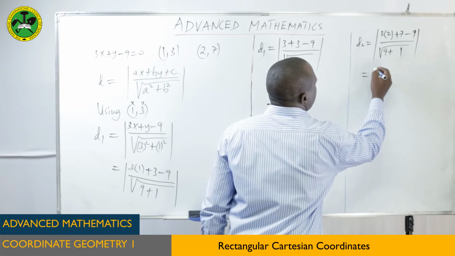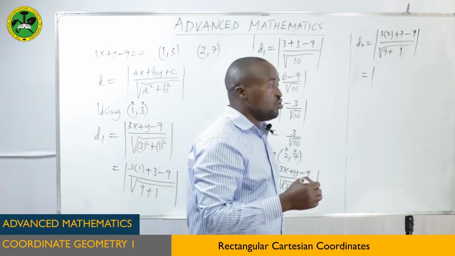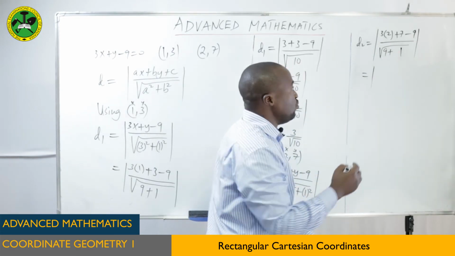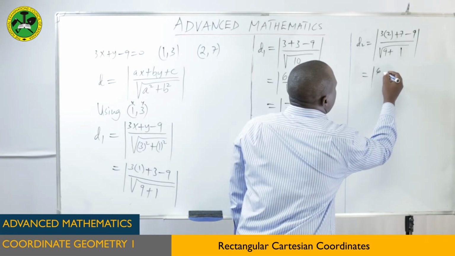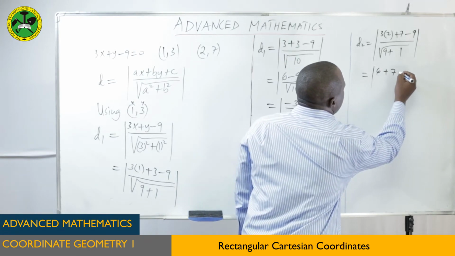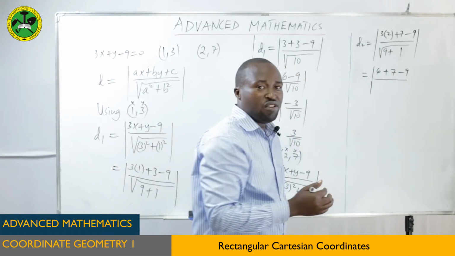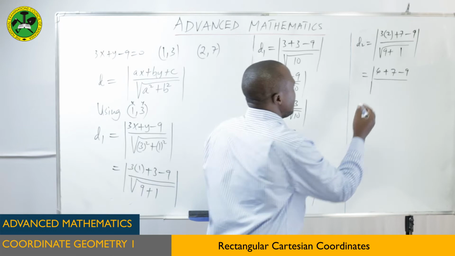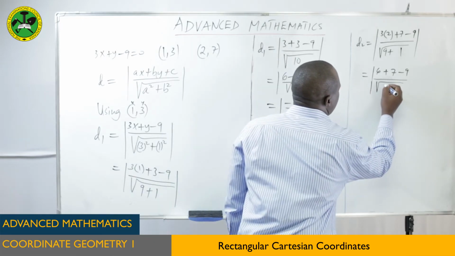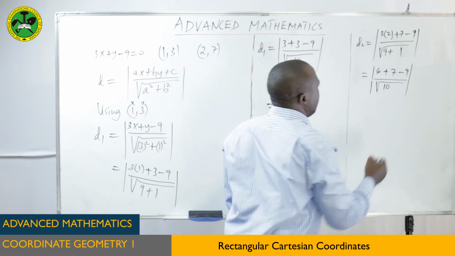Therefore d2 is equal to 3 times 2, that is 6, plus 7 minus 9, over 9 plus 1, that is 10, so the square root of 10.